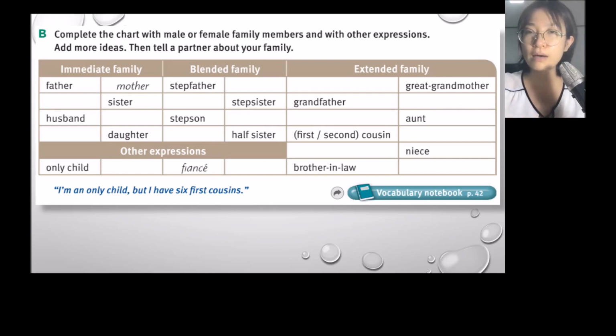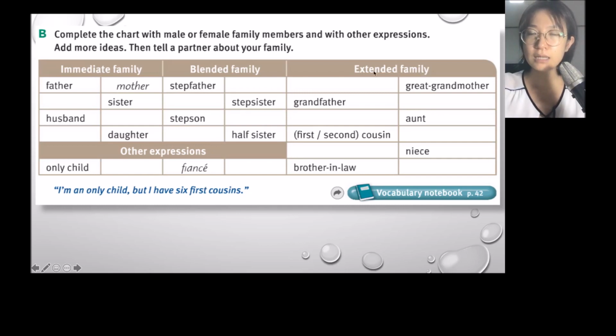When we talk about our own families, we can talk about our immediate family. Okay, immediate family means those people who are only parents, children, and spouses, like husband and wife. And then we have extended family. Extended, you know this word, extended.